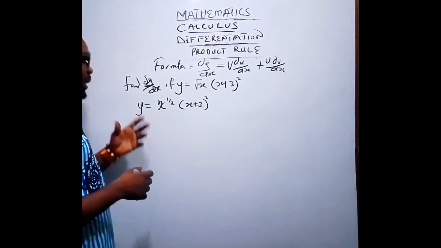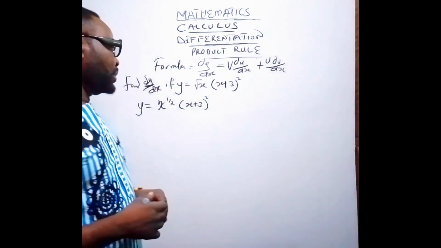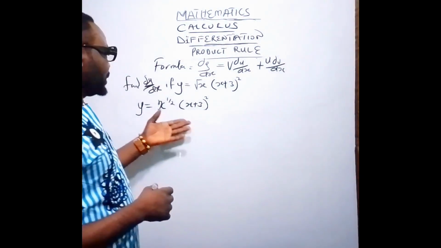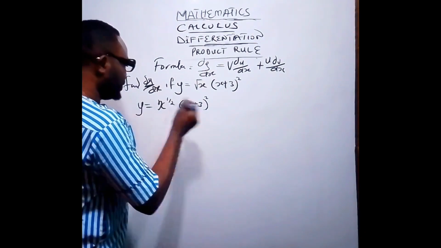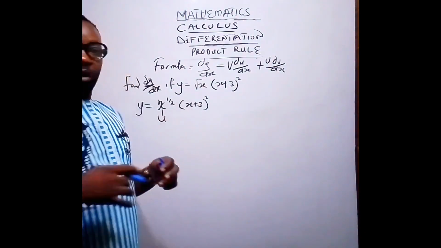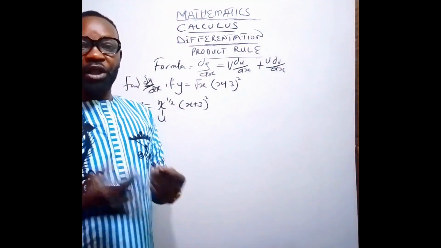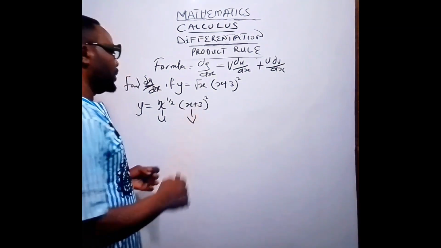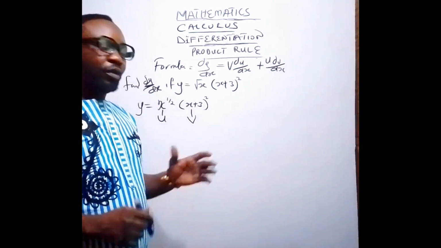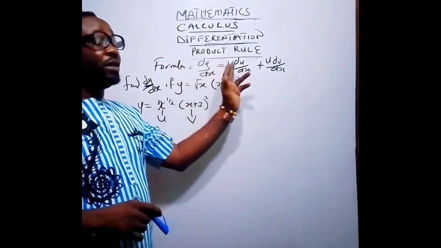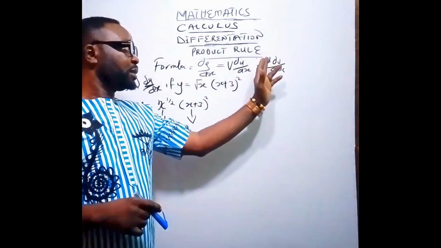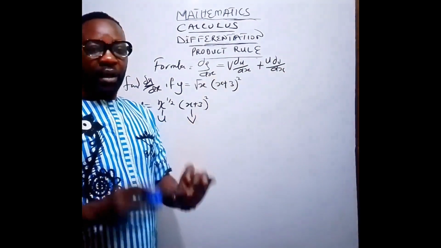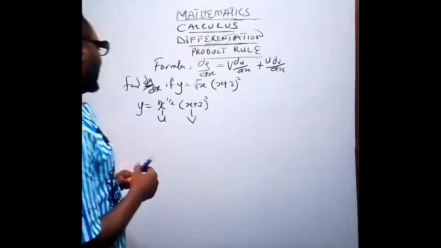So let's solve this question right now. We take the first value to be our u. When you are reading your alphabet, you mention u before v, so let the second value be our v. Take note of all these things. They are very important, even the formula v du/dx plus u dv/dx.